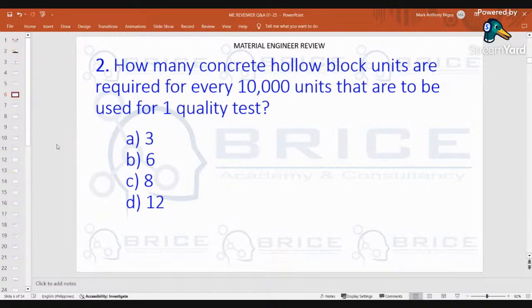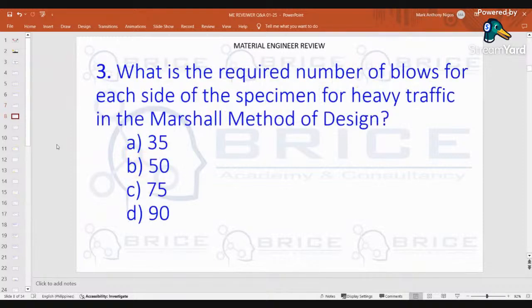Letter D, 12. The answer is B, 6. For every 10,000 units, the required number for quality tests is 6.